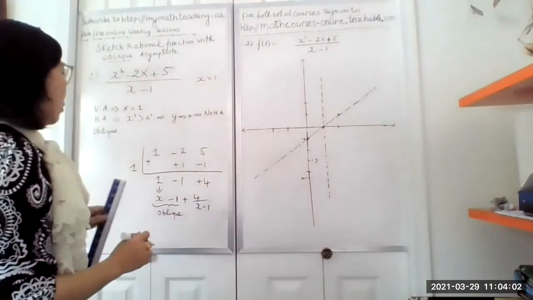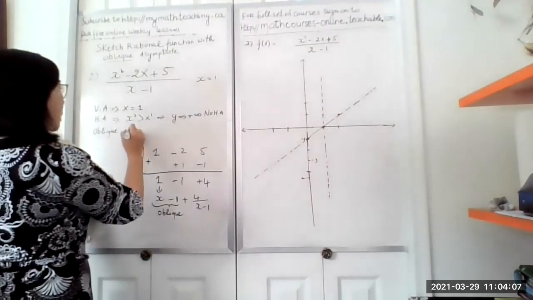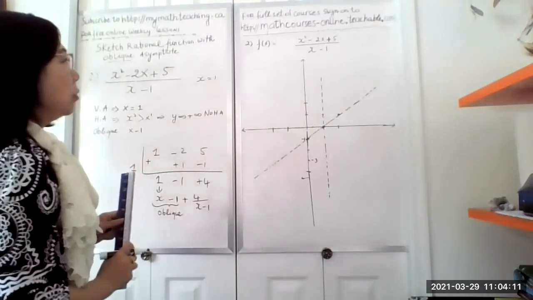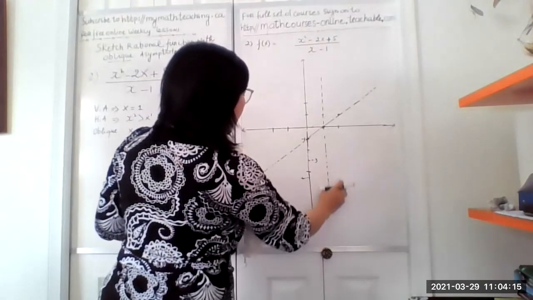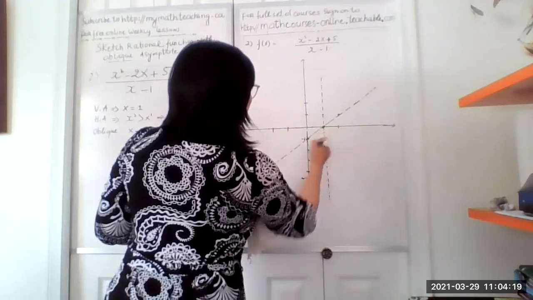Okay, so now what do we look at? Our oblique asymptote is the equation y equals x minus 1. Now we're going to look at the y behavior when x approaches 1 from the left side.